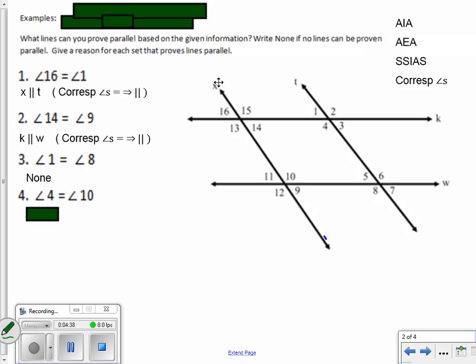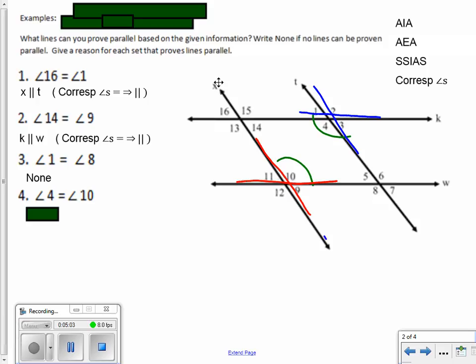Similarly, if we know that angle 4 is congruent to angle 10, look at the lines that angle 4 is on. K and T. Look at the lines that angle 10 is on. Would be X and W. Each one is on two completely separate lines.